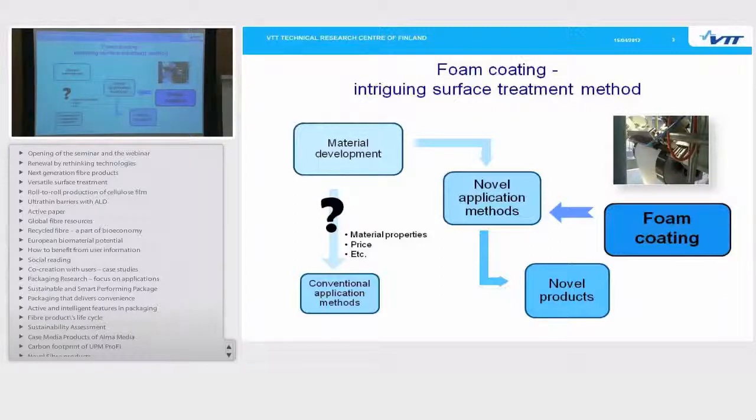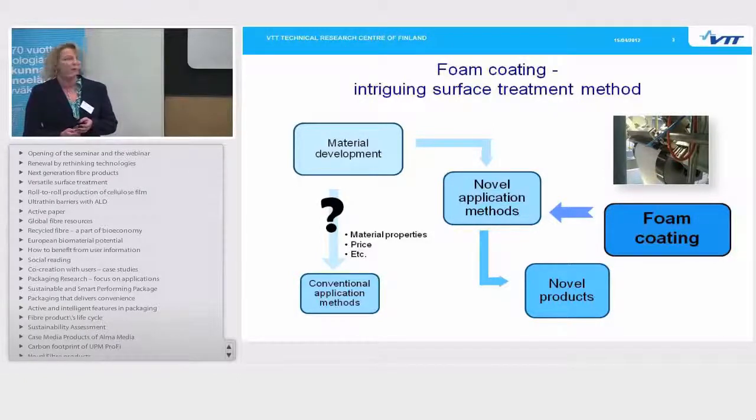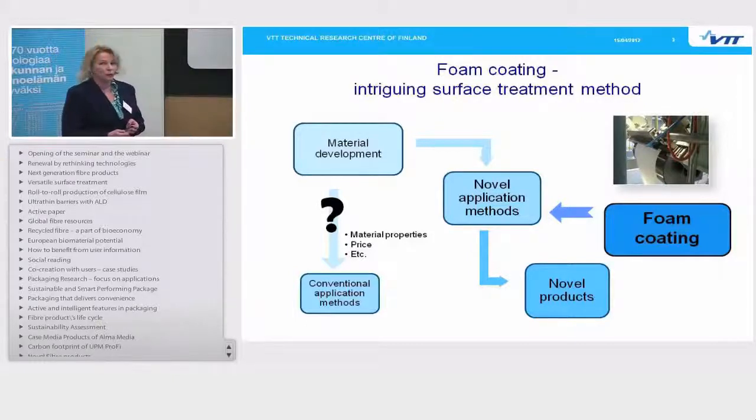And when we put these new materials into normal, very complex coating recipes, we can destroy the functionality we have created in them. That means that we need novel coating, or application, methods. And one solution for that is foam coating. It's a technology that is used in the textile and nonwoven industry.